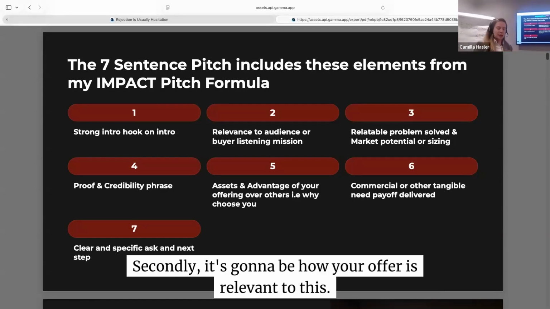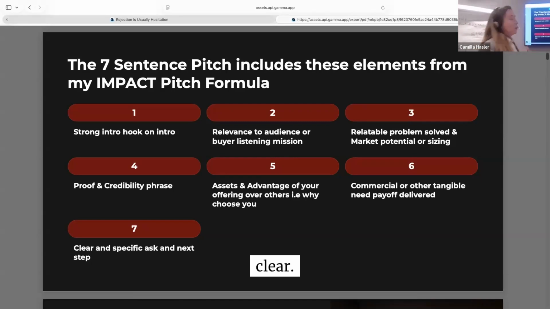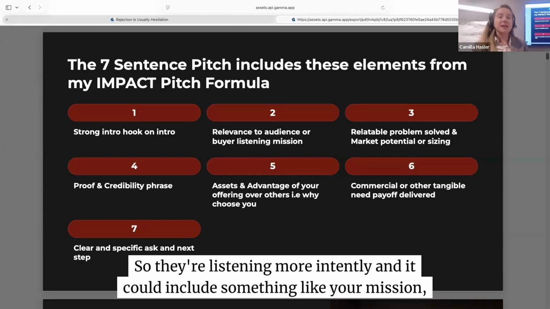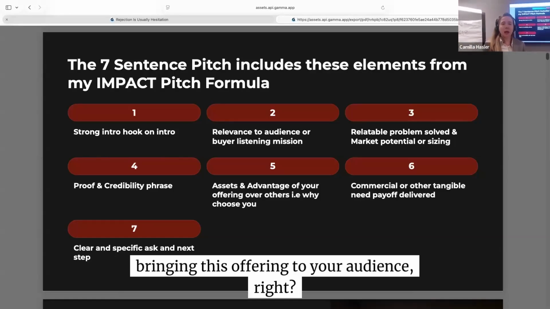Secondly, it's going to be how your offer is relevant to this specific buyer or audience. Again, most important that we personalize our pitches so that your audience is really clear, so they're listening more intently. And it could include something like your mission, focused on why you're so dedicated and committed to bringing this offering to your audience.